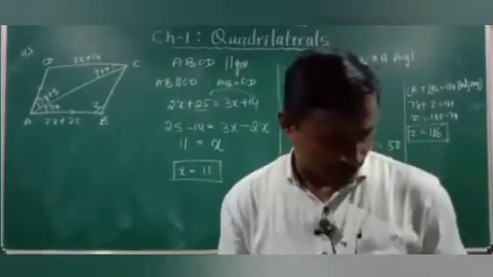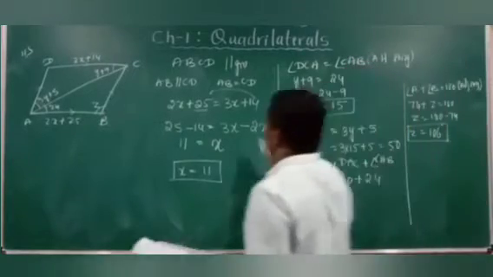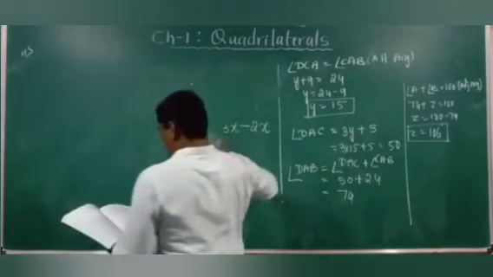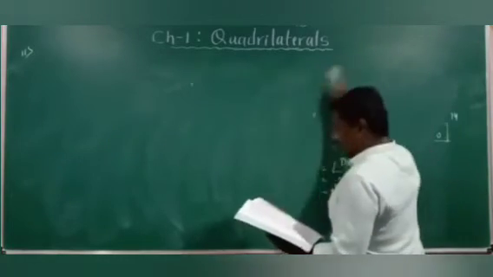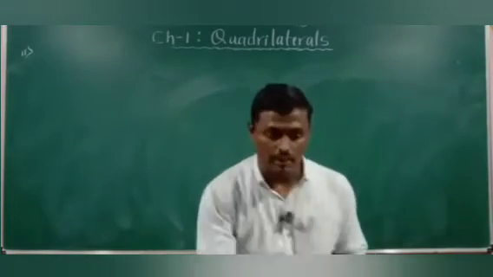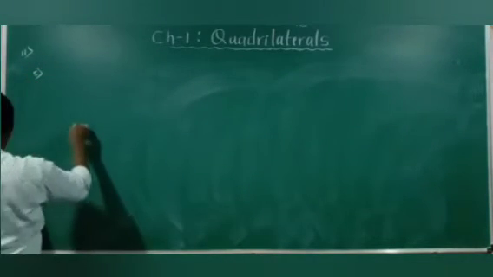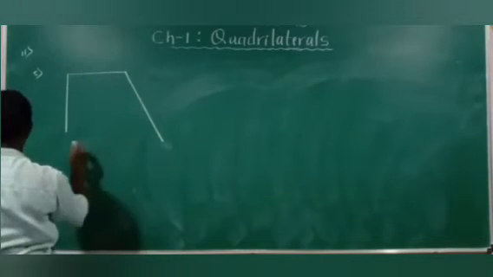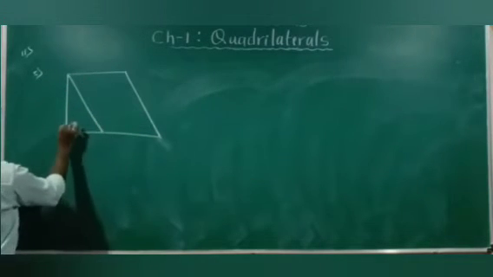Next one, see the next question, the third one. In the third question, they give one right angle triangle and one parallelogram. These two figures are combined together. The figure is like this. This is the right angle triangle.